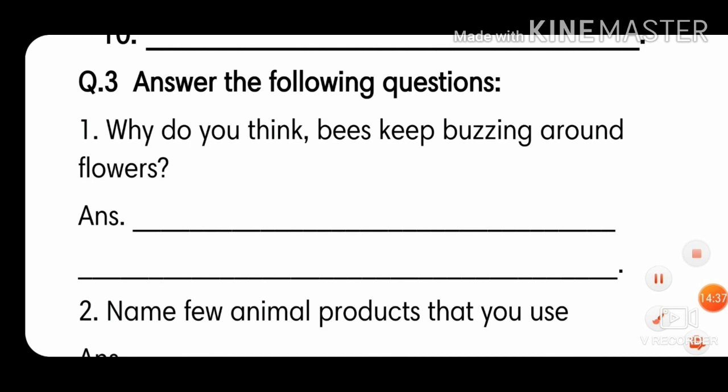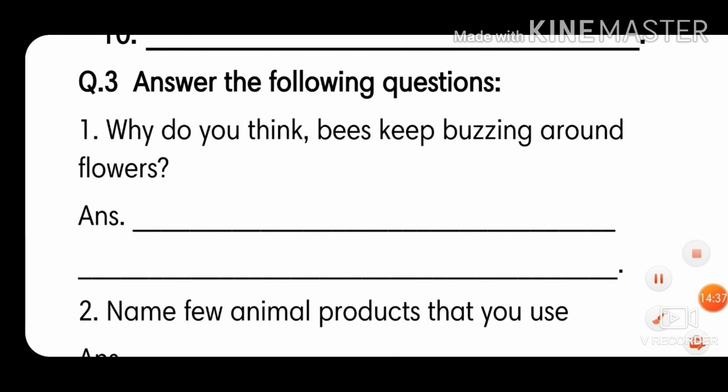when they are on the flowers, they work as the worker who is taking pollen grains from one flower to another. राइट तो जितने छोटे विंग्स होंगे बीज के उतना ही ज़ोर से वो लोग हमिंग का साउंड करते हैं, उतना ज़ोर से वो अपने विंग्स को हिलाते हैं. That is the reason that they are buzzing. But here I leave the answer up to you.